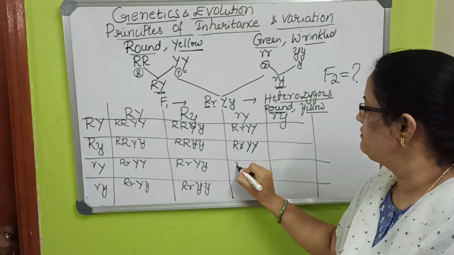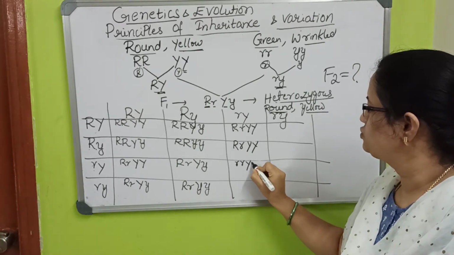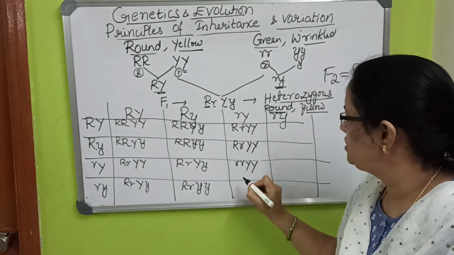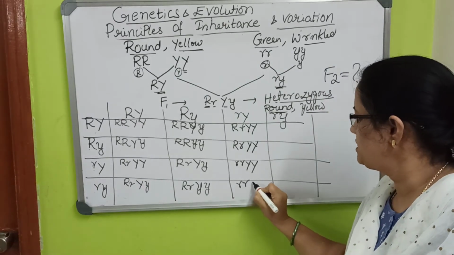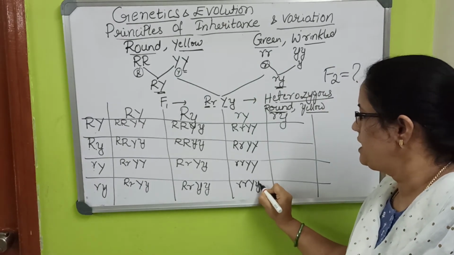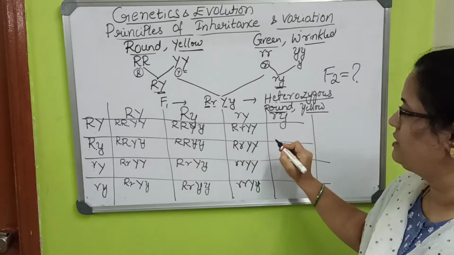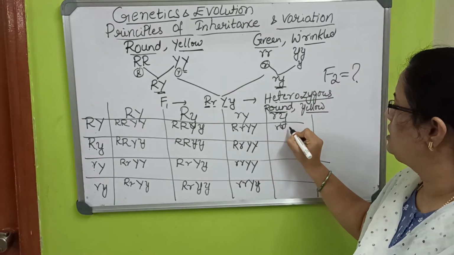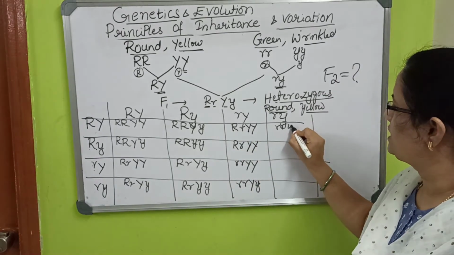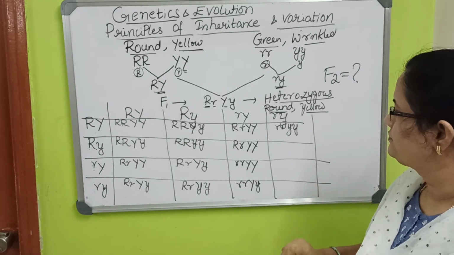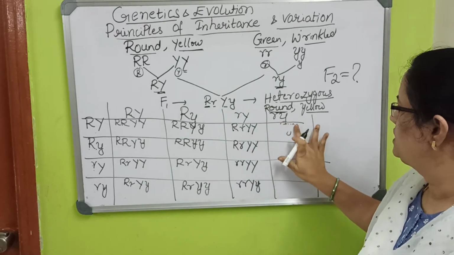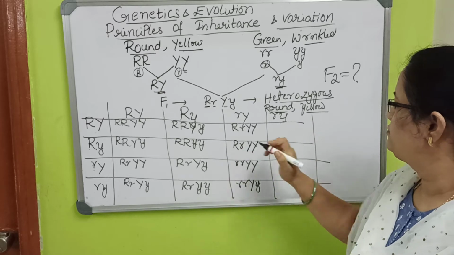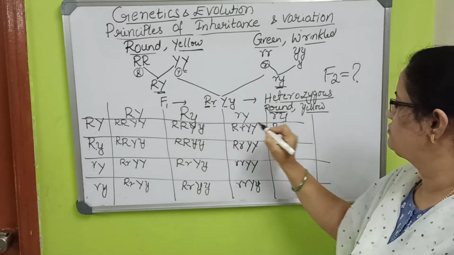Even the third one, which are these two, is capital R's and capital Y and small y. And the last one which we are doing, both are recessive characters only. Here I have to do R, this one, right?